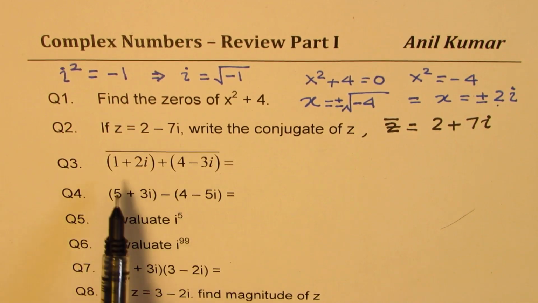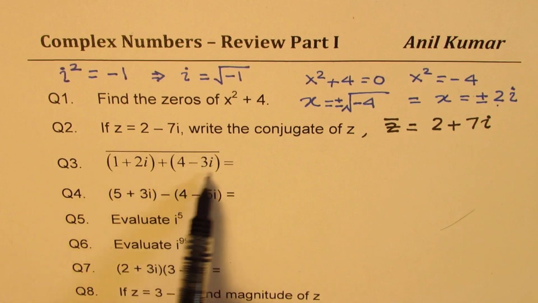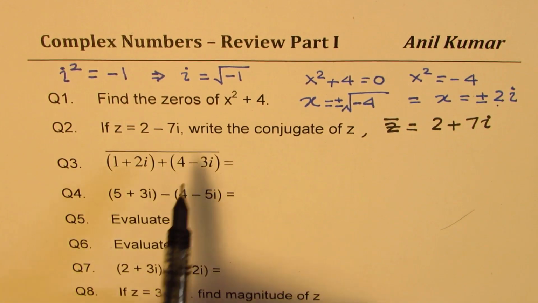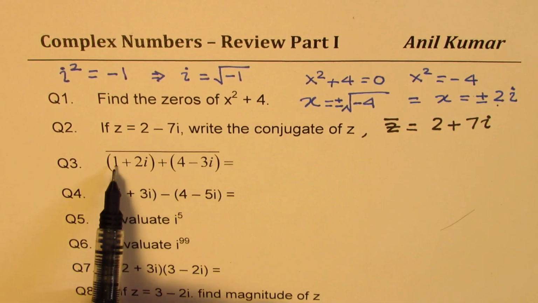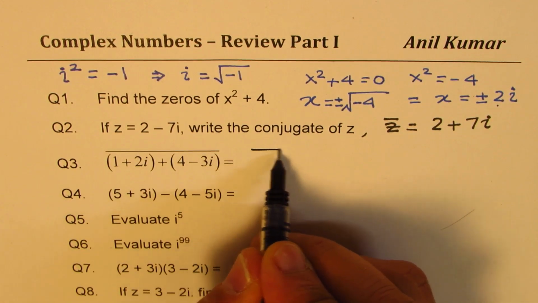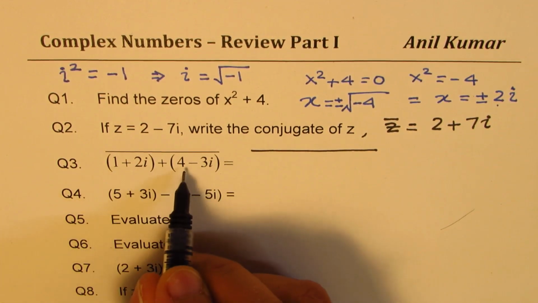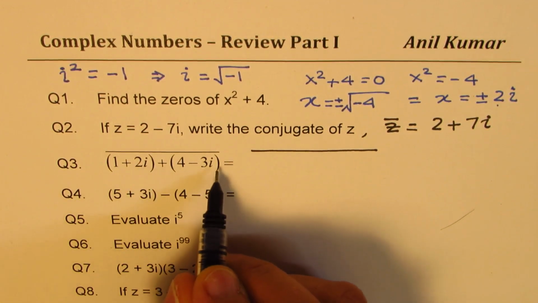Question number 3. 1 plus 2i plus 4 minus 3i, conjugate of their sum, right? Now here, what we can do is first do the addition part. Within this conjugate, we can combine the real parts and the complex parts.